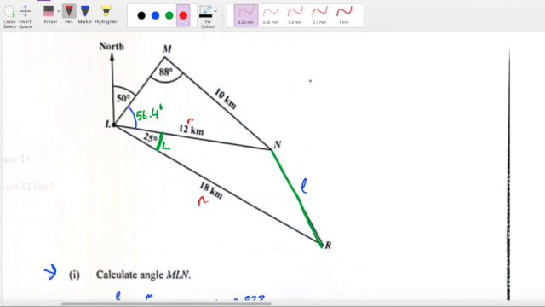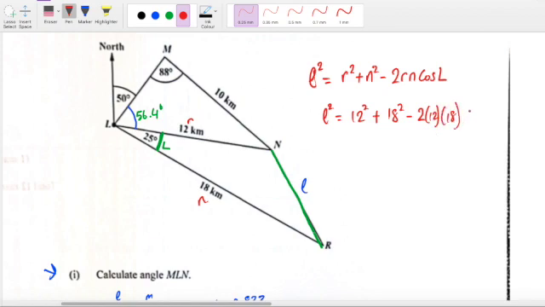So if I want the cosine rule, small l squared is equal to r squared plus n squared minus 2rn cos of the angle L that goes with the side you want to find, right? So l squared is 12 squared plus 18 squared minus 2 times 12 times 18 times the cosine of 25.